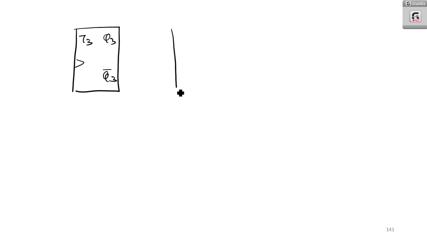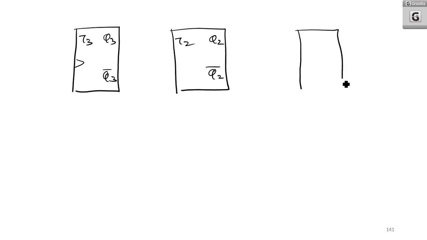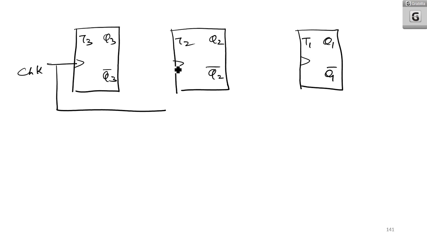Now let me redraw the circuit. We are having T3, Q3, Q3 bar. We are having a clock. Now comes T2, Q2, Q2 bar. Then comes T1, that is Q1, Q1 bar. The clock is common here.